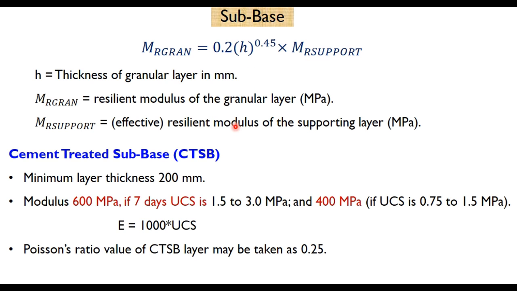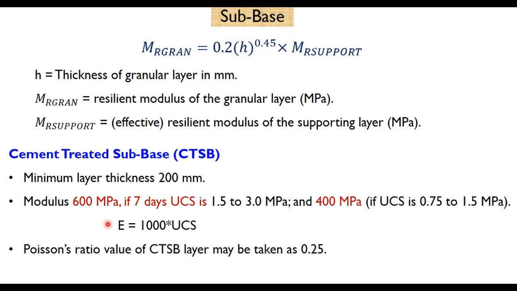When we use cement treated subbase, the minimum layer of CTSB should be 200 millimeter and the elastic modulus can be estimated from the UCS test of the material. The 7 days UCS should be 1.5 to 3 MPa, and for a weaker material it can also be 0.75 to 1.5 MPa.